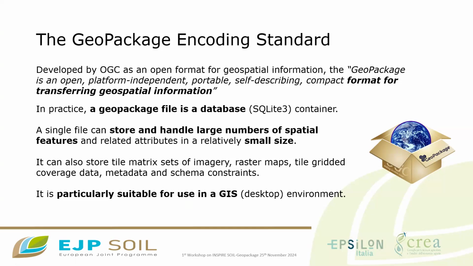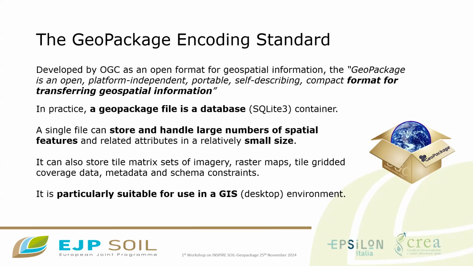It's an open format for geospatial information, and is open, platform independent, self-describing, so it's a very compact format for transferring geospatial information. In practice, a GeoPackage file is a database container. So the file is a database with all the advantages this brings.